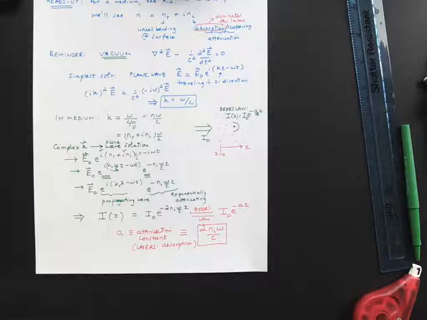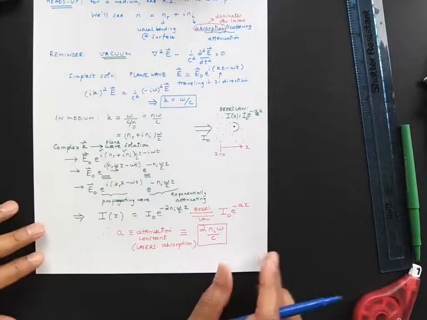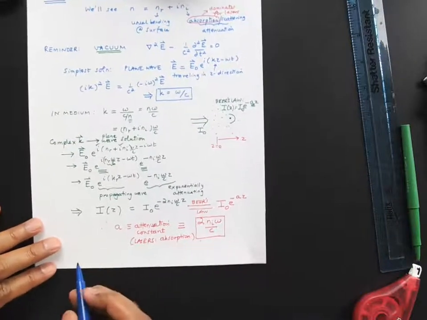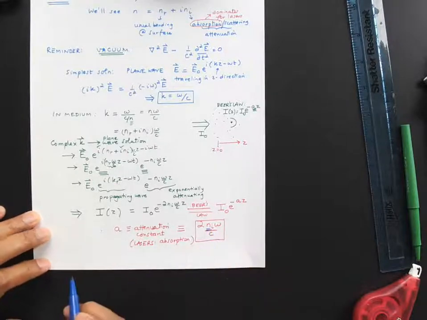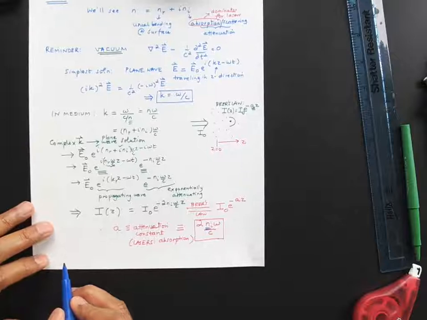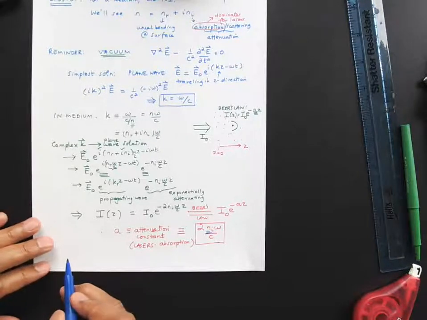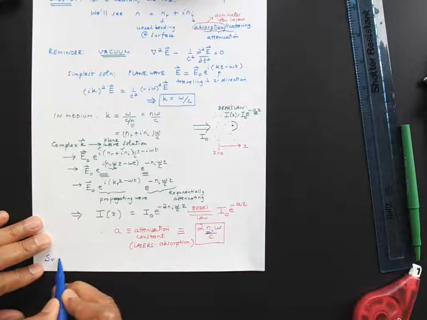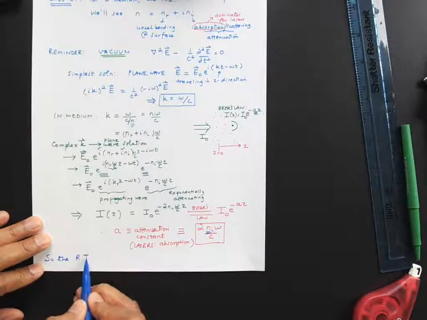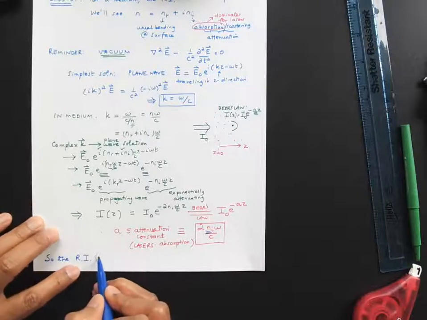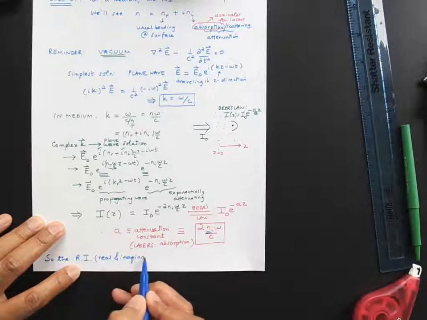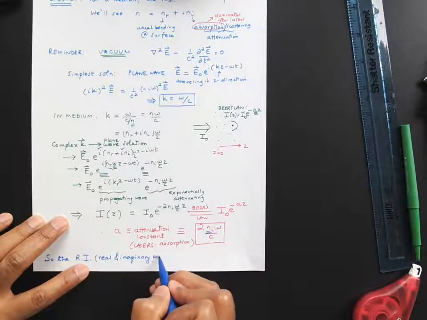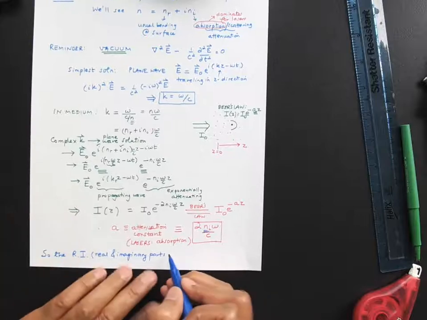So anyway, let's go back now. So the refractive index, real and imaginary parts, is important.